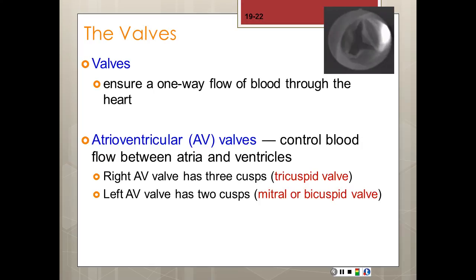The one on the right-hand side is the tricuspid valve, and it has 3 cusps. The one on the left is called the mitral or the bicuspid valve. You may have heard of mitral prolapse. That's the particular valve they're referring to.